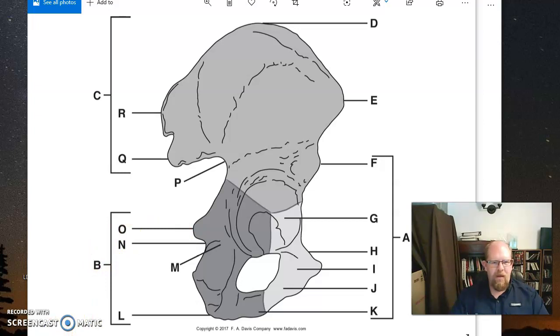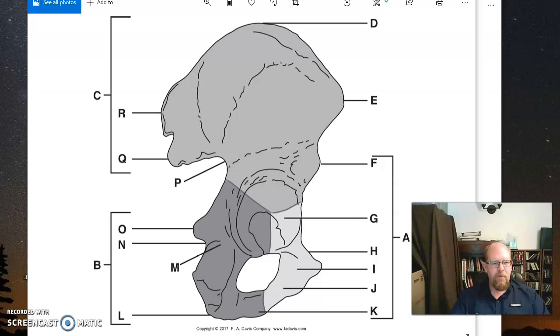So starting at the top, D is the iliac crest. E, anterior superior iliac spine, or ASIS. F, anterior inferior iliac spine, AIIS.